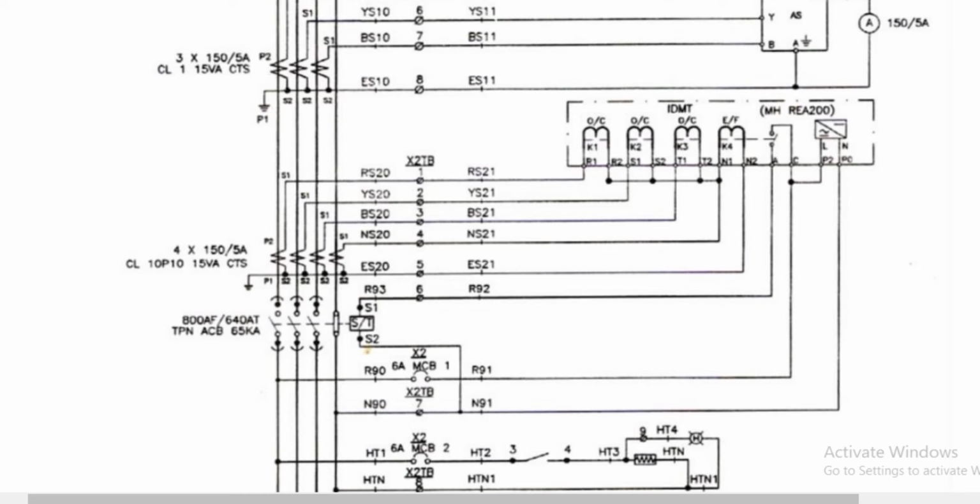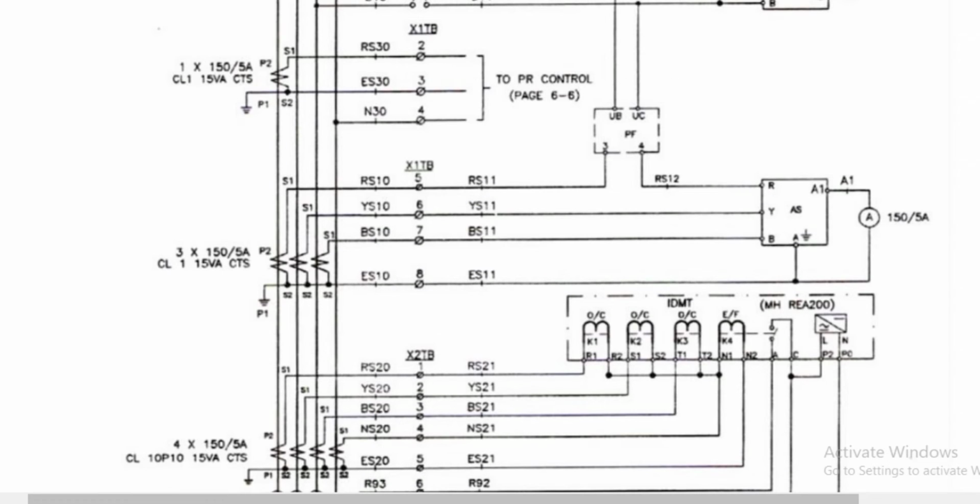Then it is connected again to a current transformer. The value is still the same for step down, 3 times 150 to 5 ampere. We also have an ammeter here, which is used to measure current.